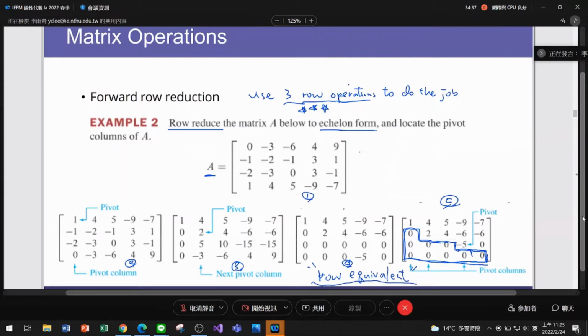So let's see what's the relationship between 1 and 2. How do I get matrix 2 from matrix 1? Basically, the first row is replaced in the second row. And how to do that? I can multiply, replace, or what can I do? Oh, interchange.